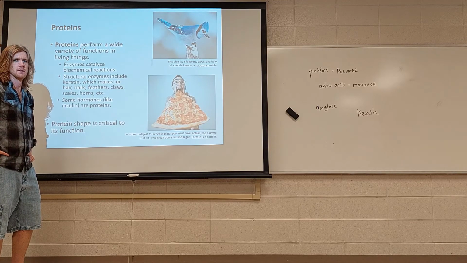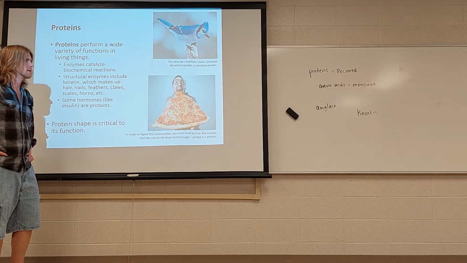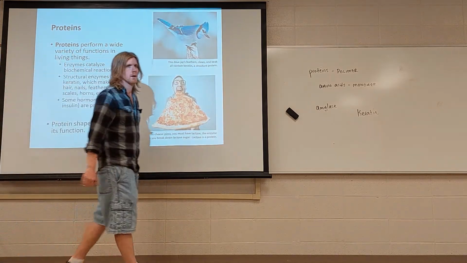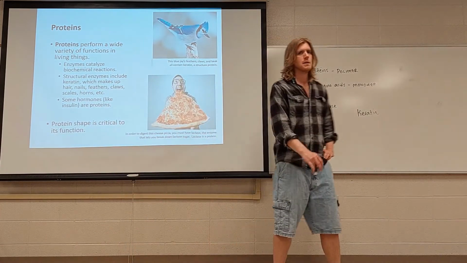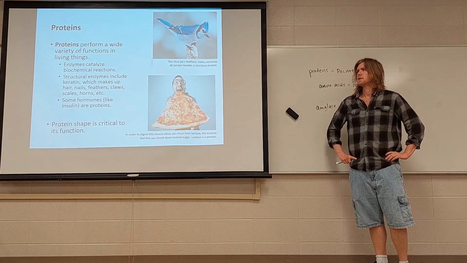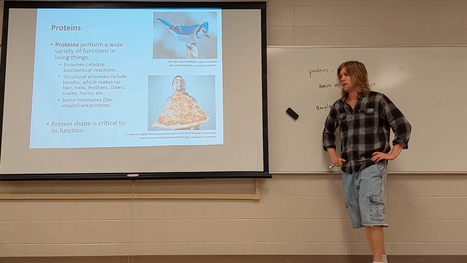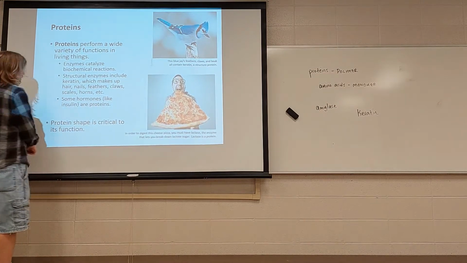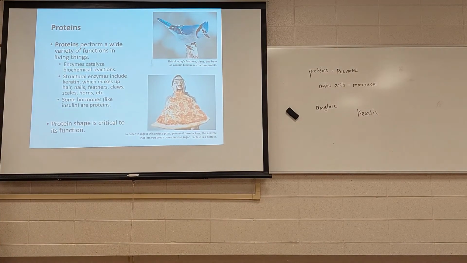Other animal claws, like mammals, like lions and such, your fingernails, your hair, and the fur of other mammals, scales, horns, like a rhino's horn. It's just a very widespread protein that makes up the structural component of a whole lot of stuff.